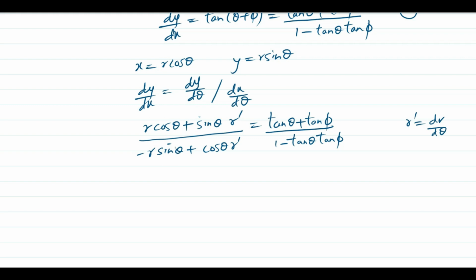We see that there is a 1 here, so we need to have a 1 here. That can be easily done by dividing both the numerator and denominator of the LHS, each and every term, by r dash cos theta.